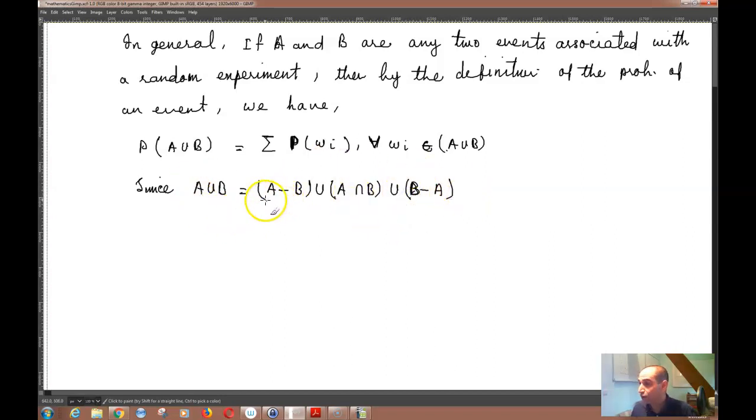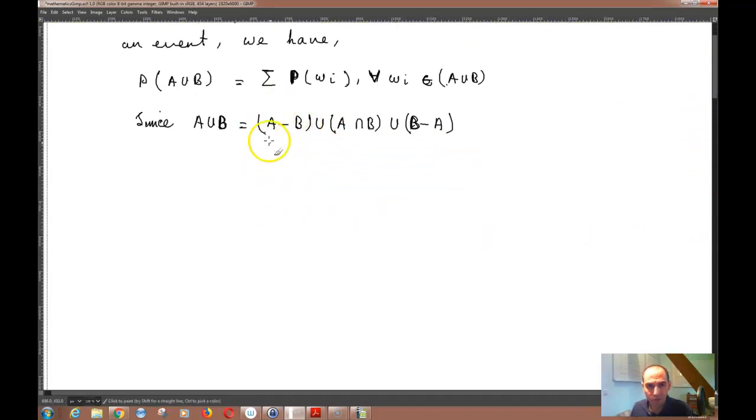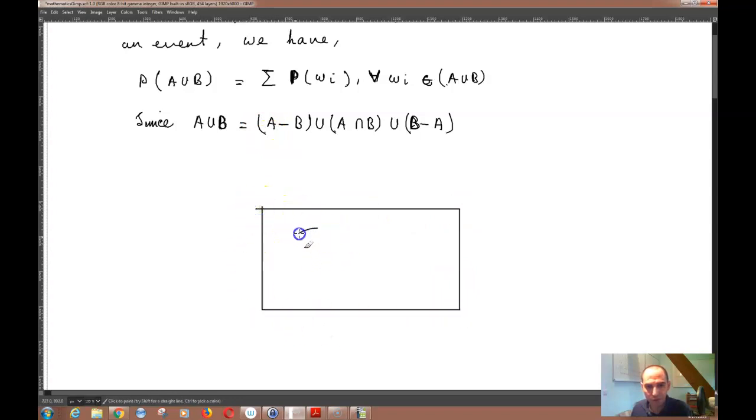So if you have some A over here and some B over here, A minus B would be this part over here, A intersection B would be this part over here, and B minus A would be this part over here.